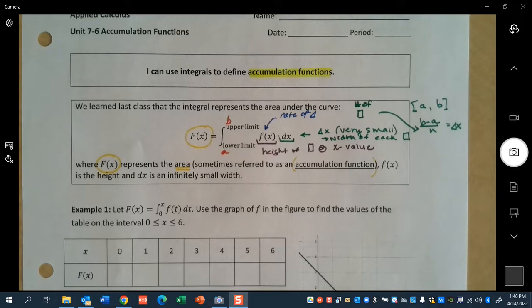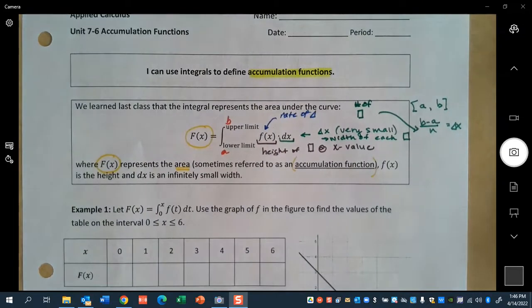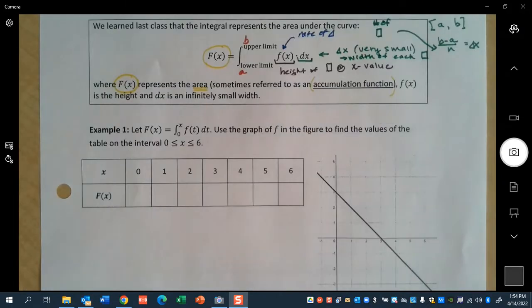All right. So when you're looking at your quiz, I want to go through and talk about this a little bit, because this is what we mean by an accumulation function. When we talk about that first question, we're talking about what that function means.